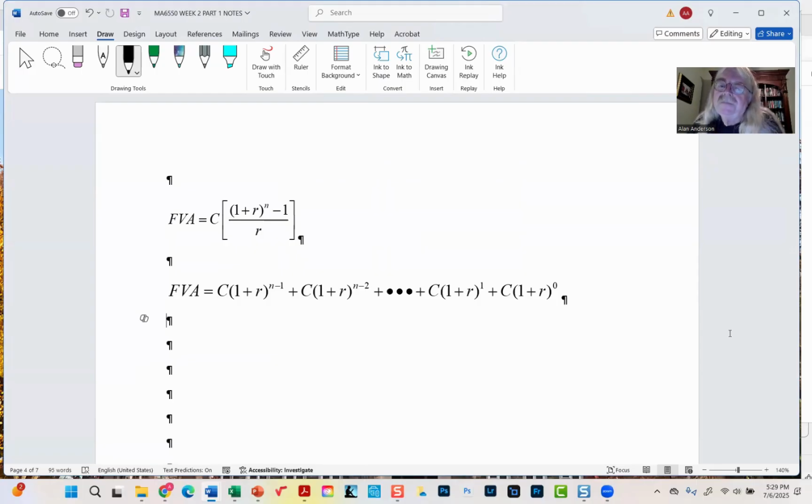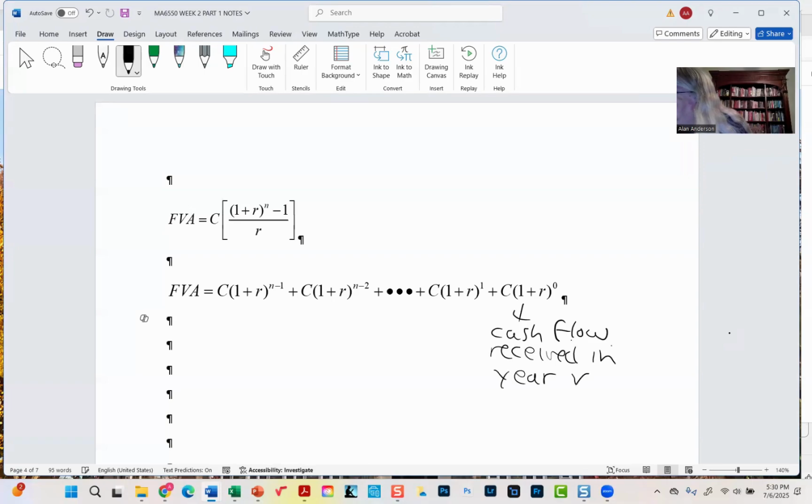So here, we're rearranging it in terms of how many years the cash flows will be invested. In other words, the cash flow received in year N is invested for 0 periods.